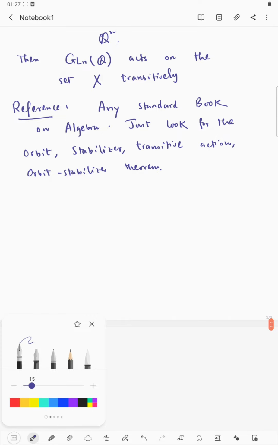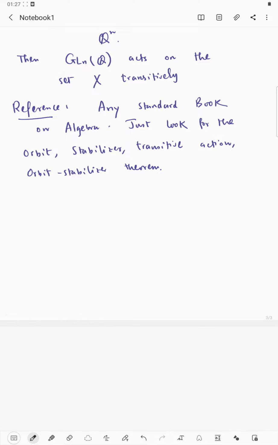Now we are going to prove our main result using all this machinery.